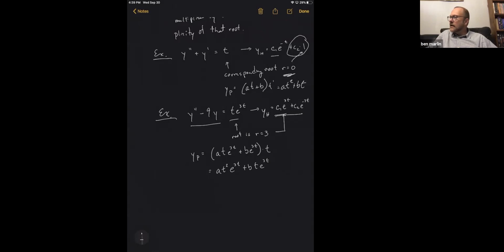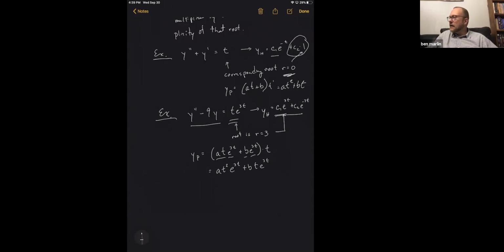So because I have t e to the 3t, I have to think about a t e to the 3t, and then plus b e to the 3t. So go all the way down to the constant term times the e to the 3t.